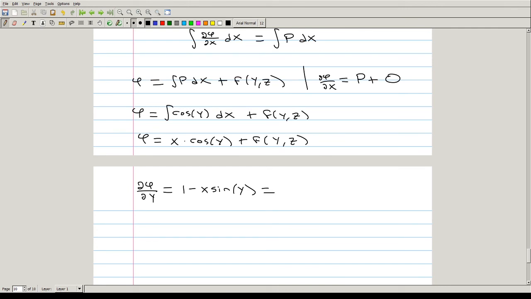And if this is our equation for phi, which it has to be if the first equation is satisfied, we have to take the y partial derivative of this. The y partial derivative of x times cosine of y is negative x times sine of y, plus the y partial derivative of f, whatever that is.